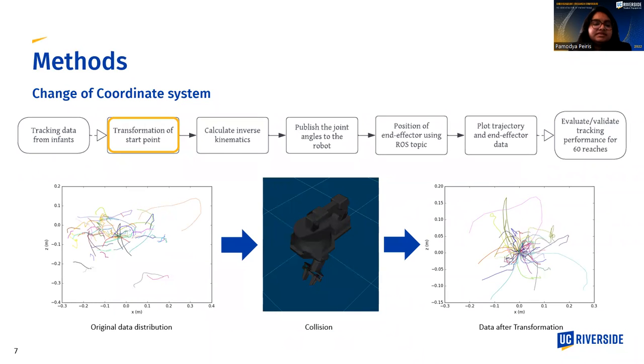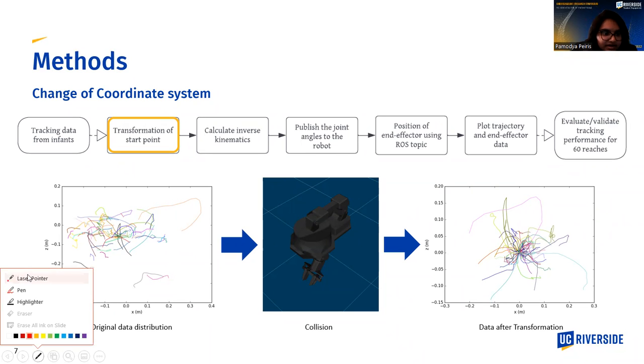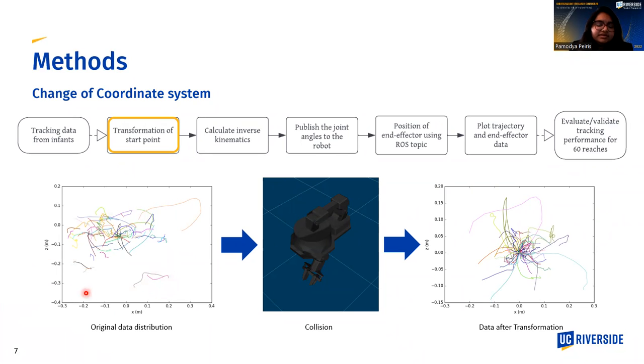And after that, for the 60 reaches, you can see here the original data looks like this. The x-axis range is about 70 centimeters and the z-axis range is about 60 centimeters. But when we use this data, because it has a lot of negative numbers, the robot arm tends to collide with the robot base.